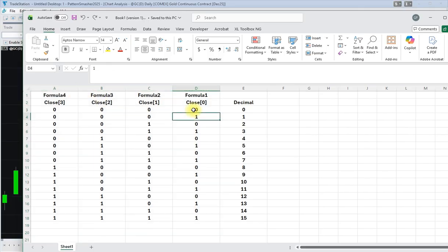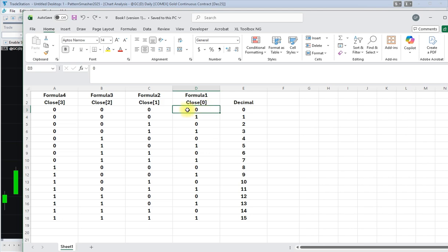If the close of today is not greater than the prior day's close, then the statement's false. And in binary or bit nomenclature, a false value is 0. If it's a true value, it's 1. So 0 is false, 1 is true. So if today's close is not greater than yesterday's close, then I have it turned off to false.